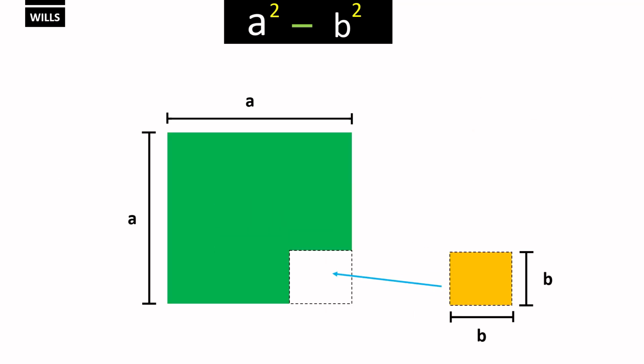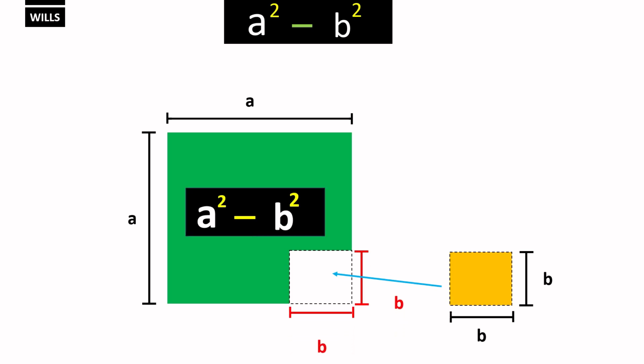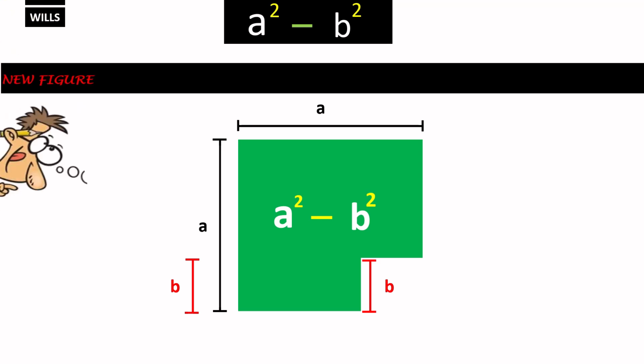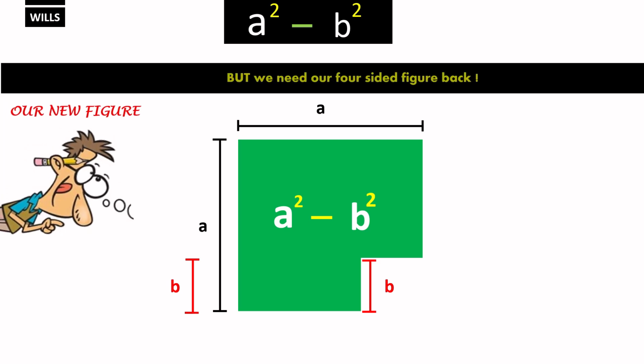So we have taken b squared out of a squared and the answer is the green shape. But we can see that it is no more a four-sided figure. How do we work around it? Because we need our four-sided figure back.